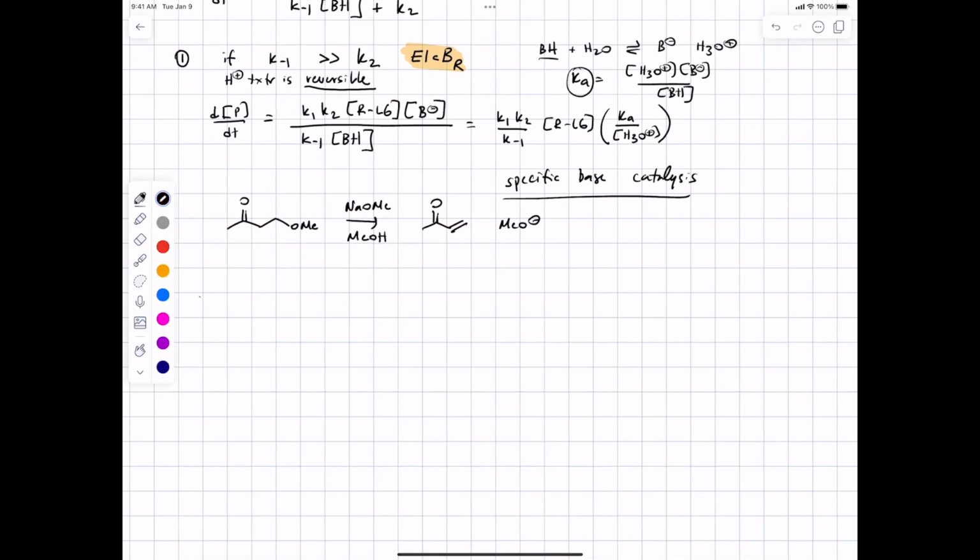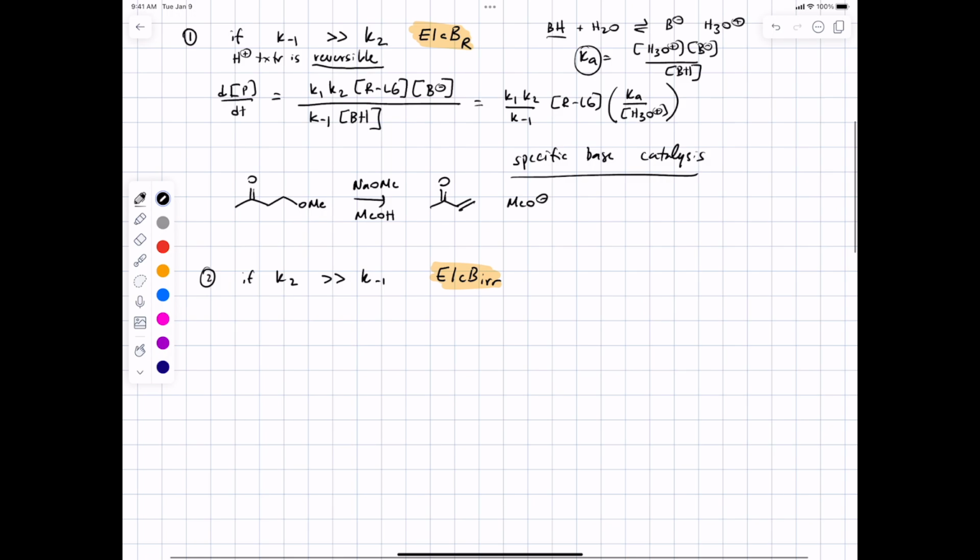The other extreme we could imagine is if the K2 step is much, much faster than the K minus 1 step, and then we're going to call this E1CB IRR for irreversible, meaning that the protonation step is the slow step, is the rate determining step.